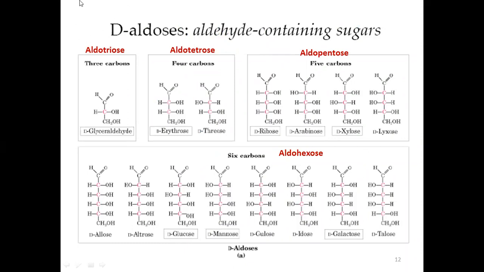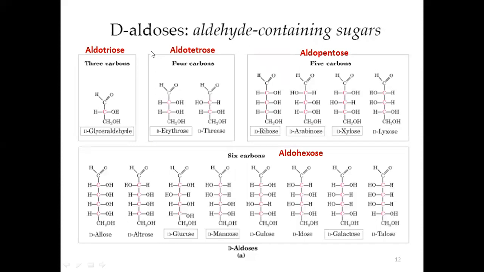We first start with the simplest one. First start with the aldoses, or in most carbohydrates, the simplest one is the D-aldose.